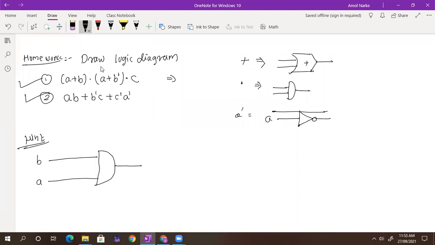Now what I want is B dash. B dash is nothing but the complement of B. So I get B here, but I want its negation. So I start with the negation here. Okay, I'm getting that negation.